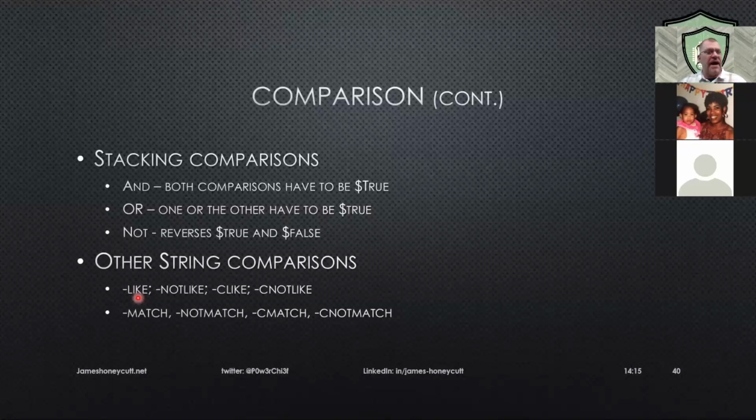You can start doing pattern matching whenever you use like and not like. So if you're using the like, it's got to be similar. You can use a star, right?